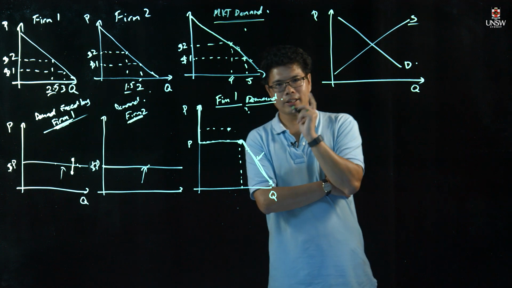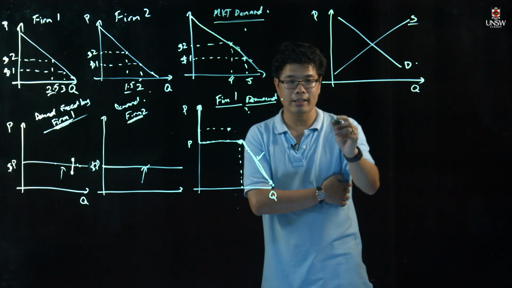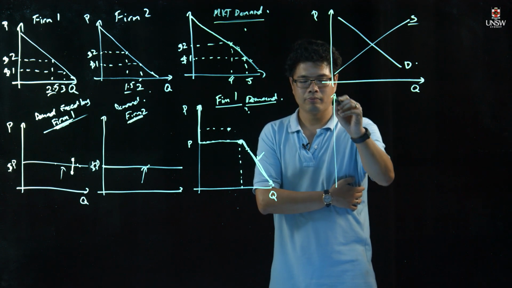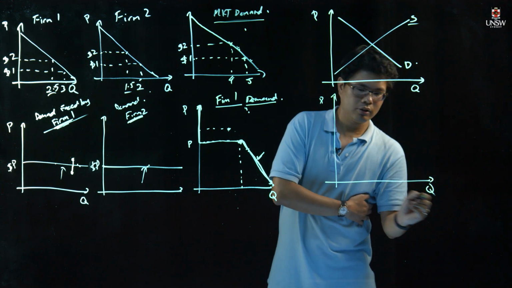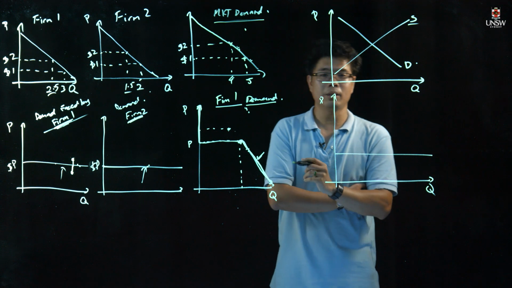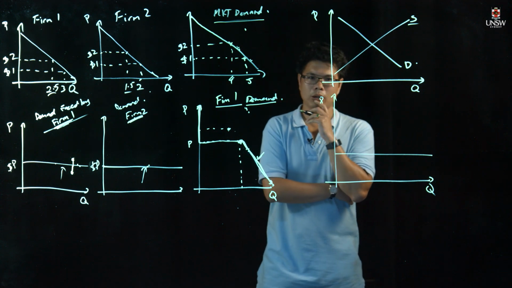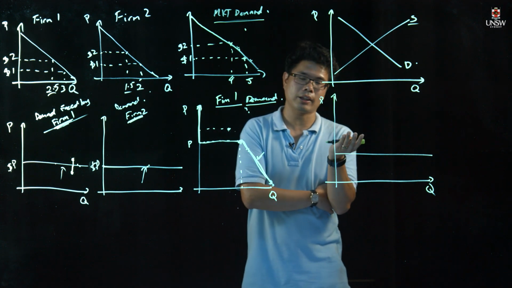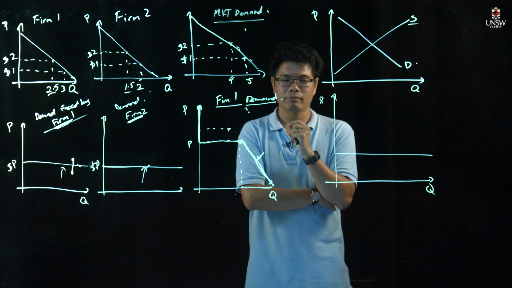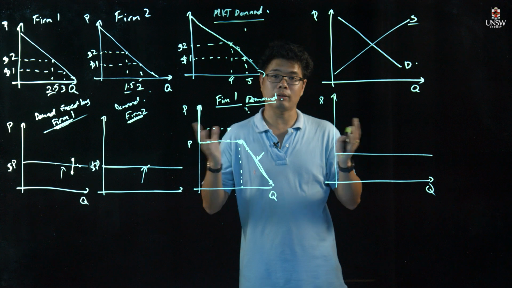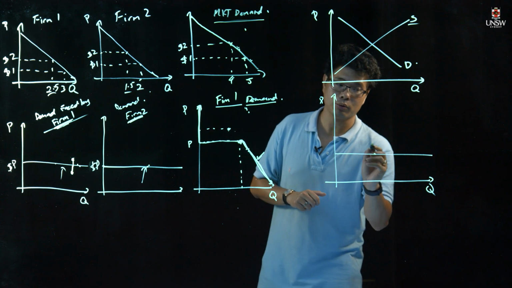So the key thing here that we want you to understand is that in the long run, the supply curve can be horizontal. And you guys say, well, why would that necessarily be the case? Intuitively, there are a couple of things that we've assumed here to get this particular result.